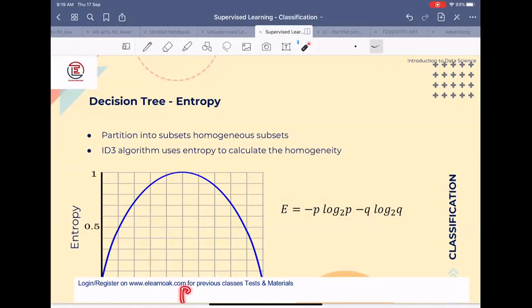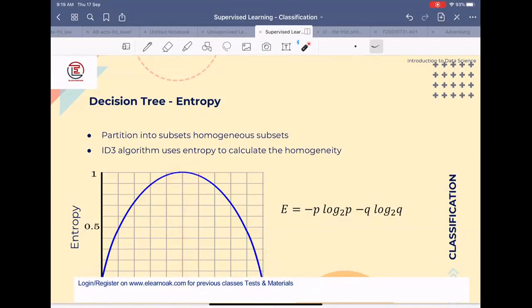When p is closer to 0, we can see by this graph that entropy, this blue line, is equal to 0. When p is closer to 1, at this point here also entropy is equal to 0. And when p is equal to 0.5, the entropy is maximum.